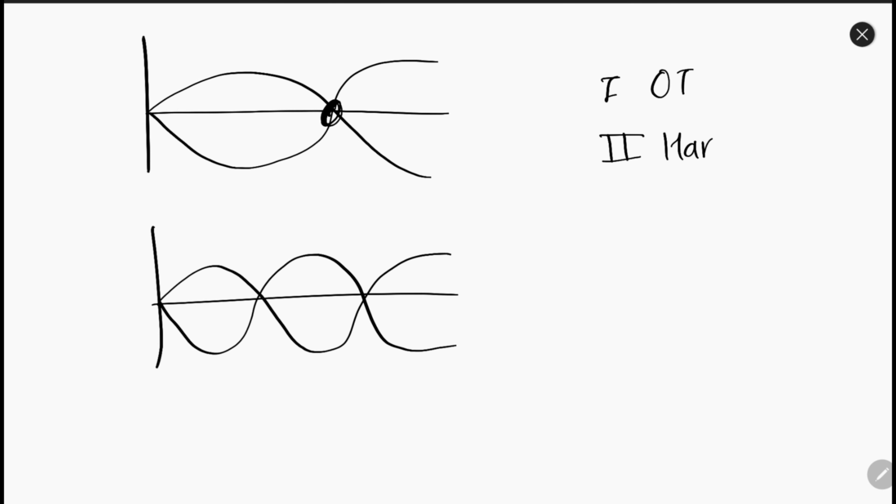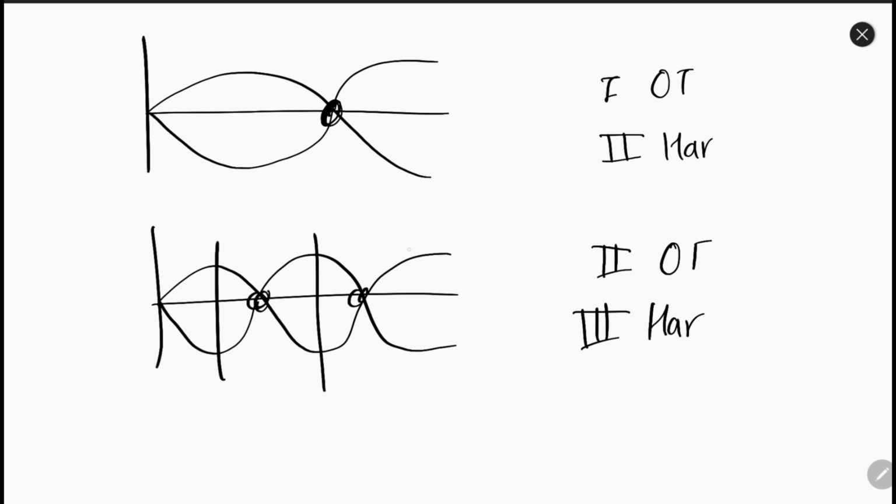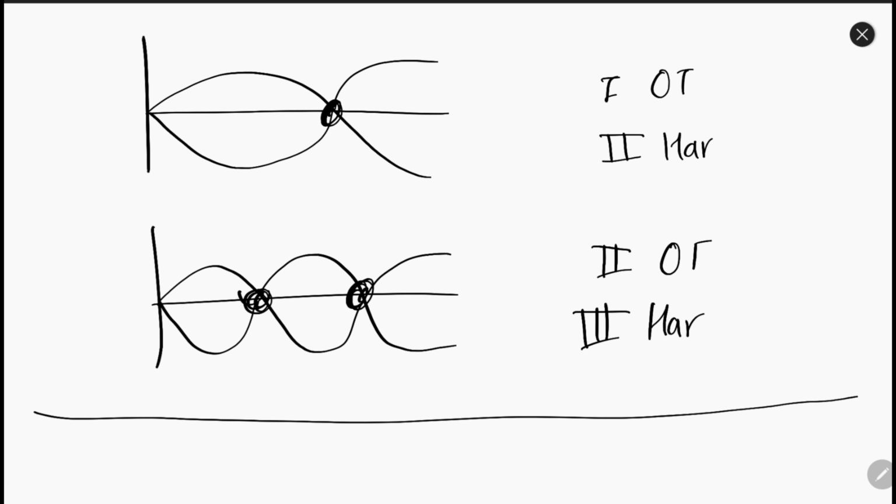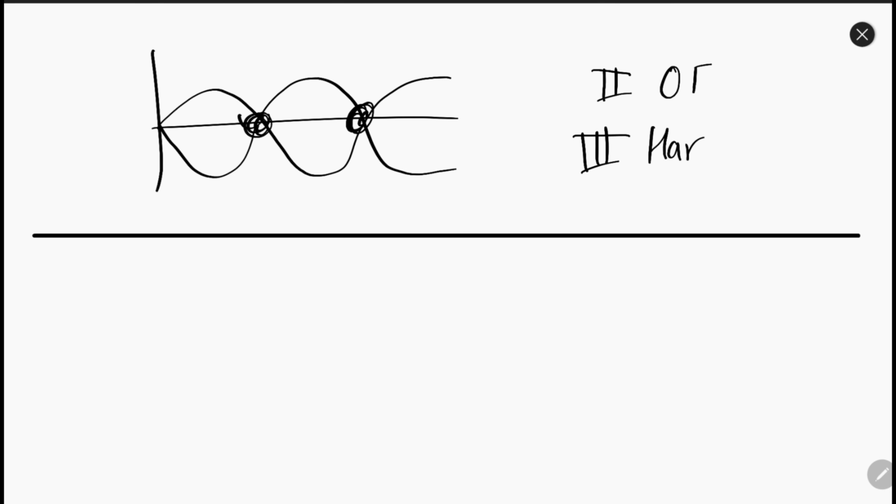Then the second overtone has two nodes, and this is the fifth harmonic because we have three antinodes. So this is how you can find the overtones and harmonics. Remember, for overtones see the number of nodes. For harmonics see the number of antinodes.